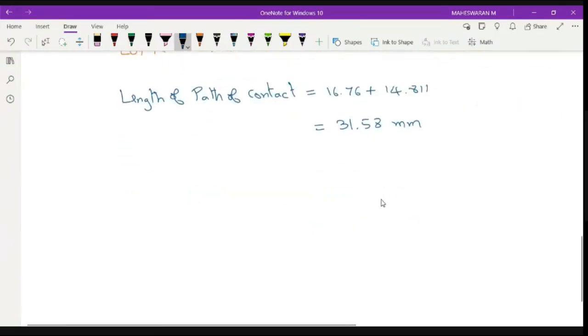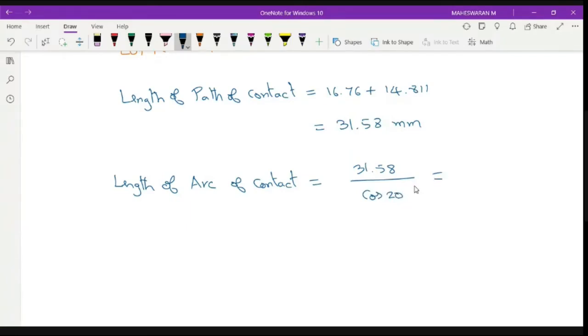Right? Okay. Next, we'll identify the length of arc of contact. Right? So it is path of contact, which is 31.58 divided by cos 20. 33.610 mm.